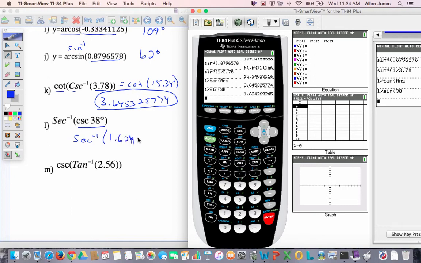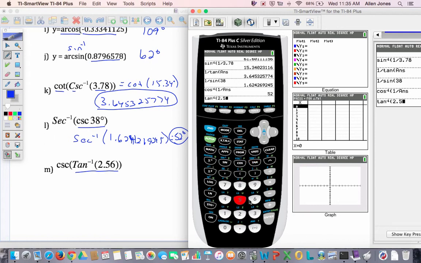And that gets me a decimal value of 1.624269245. Now I have the inverse secant of that, so that's a ratio. So inverse cosine of 1 divided by that value, and that will convert it back to an angle of 52 degrees. There's what we're looking for, 52 degrees.